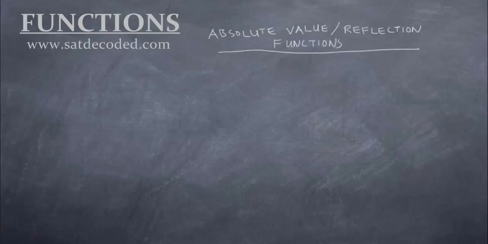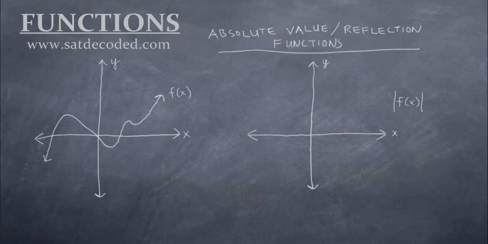Let's try another question. So what if we have this curve right here, and that curve is considered f of x? What does the graph of the absolute value of f of x look like? Again, it's the same exact concept. Wherever we have points on our original graph that have a negative y value, we've got to turn those into positive y values, or at least 0 y values.